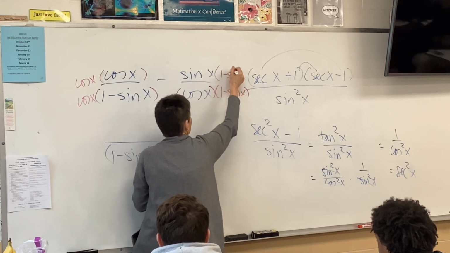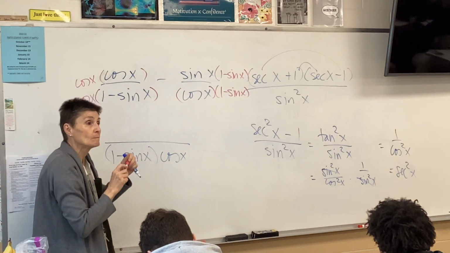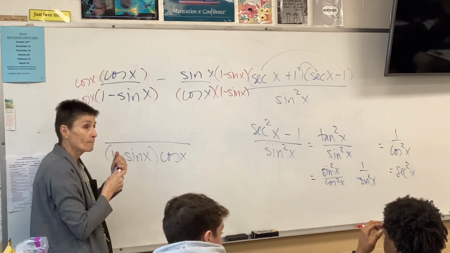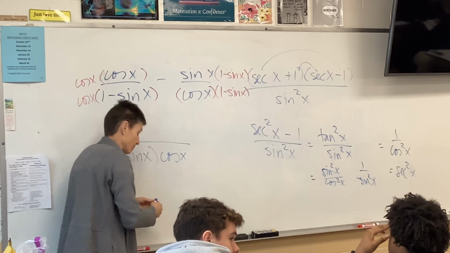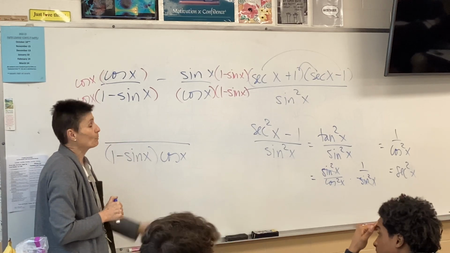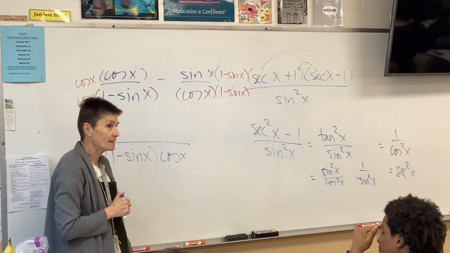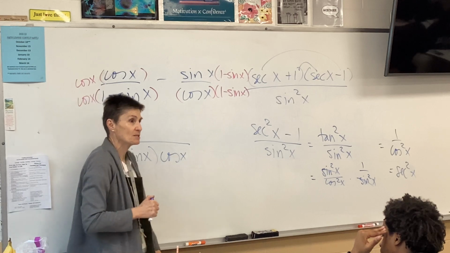Wait, when you see 1 minus sine x, couldn't you like, wouldn't that equal cosine? I would totally love it if that were the case, but these are called the Pythagorean identities, and everything's got to be squared.